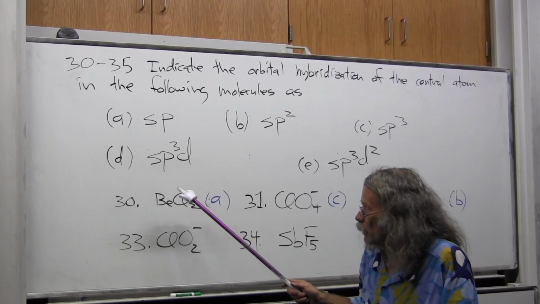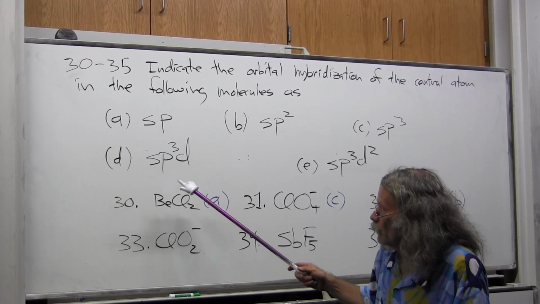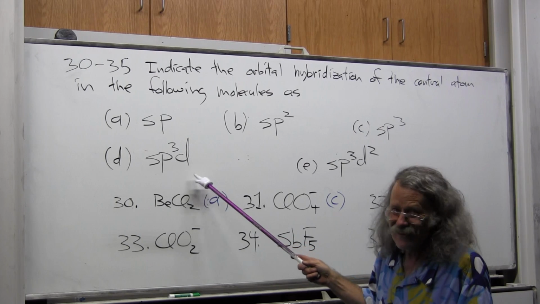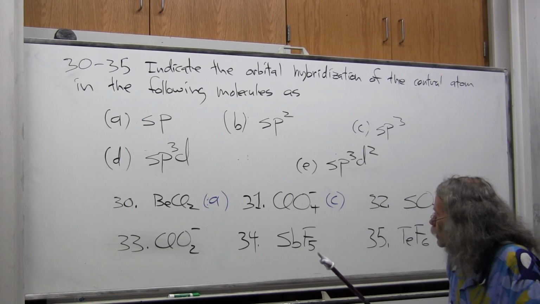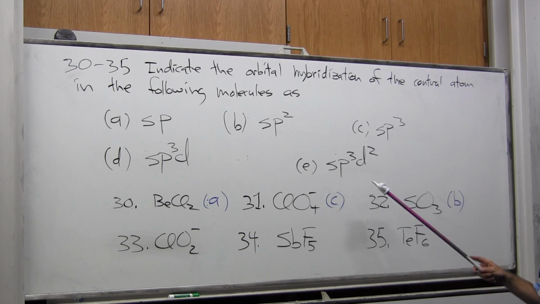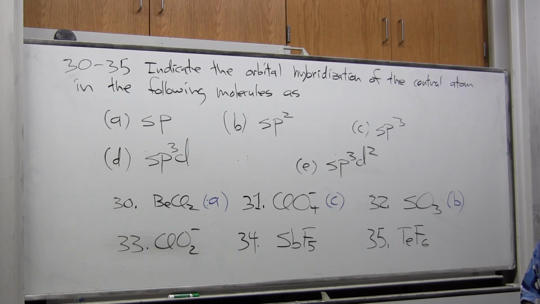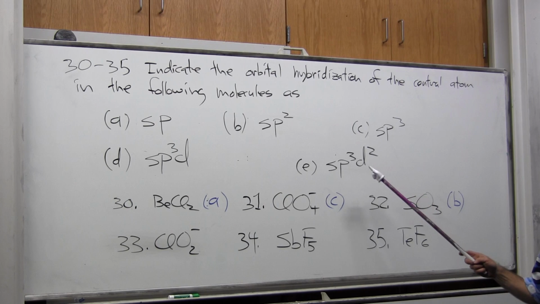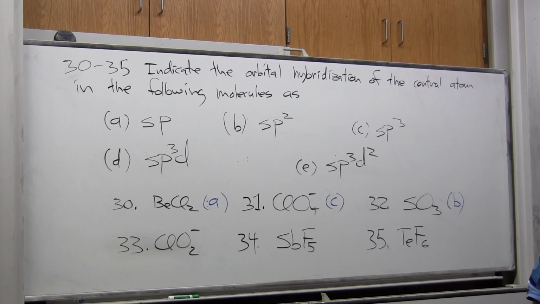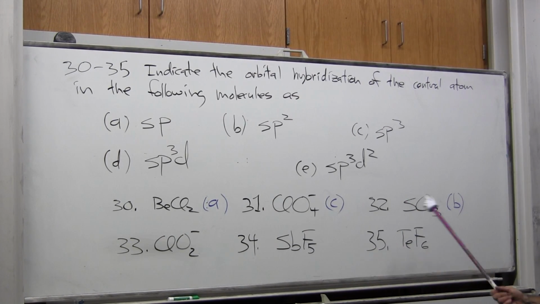A trigonal bipyramidal E-pair geometry with 5 E-pairs is going to require sp3d orbital hybridization. And option E, octahedral E-pair geometry, 6 E-pairs associated with the central atom, is going to require sp3d2 orbital hybridization. So these are all the options that we have for all of these molecules.